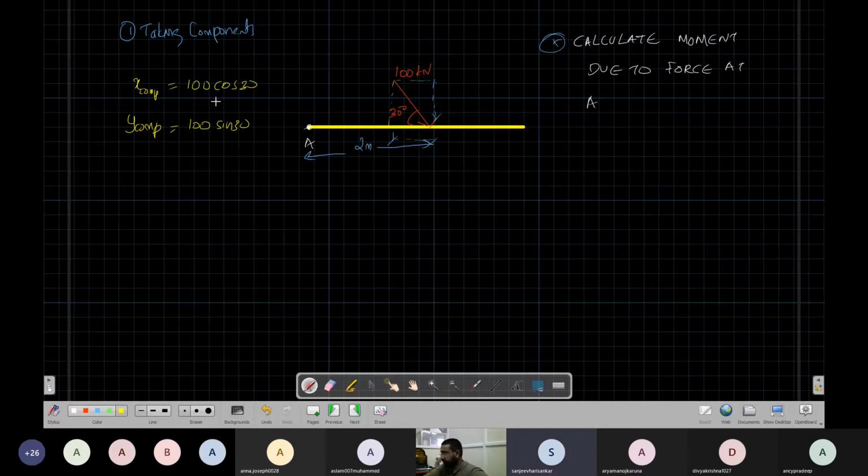So these two forces, you can replace the force with these components. Sin 30 is half, cos 30 is root 3 by 2. So this will be 50, and this will be 100 times root 3 by 2, which is 50 root 3.